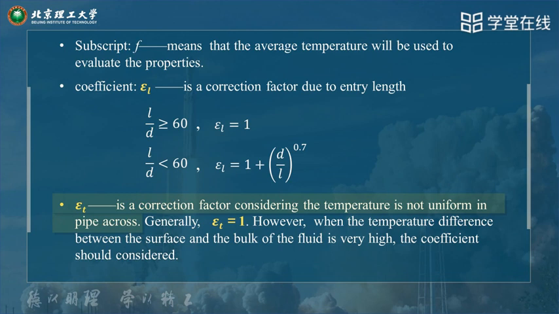If the pipe is very big in one section, the temperature is not uniform. We can use this factor to do some correction. Generally, epsilon T equals 1. However, when the temperature difference between the surface and the bulk of the fluid is very big, the coefficient should be considered.